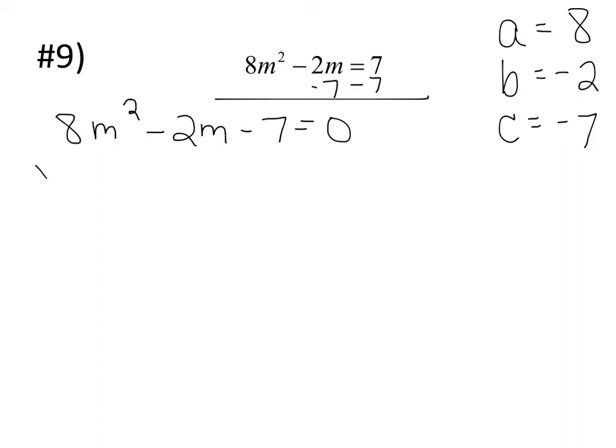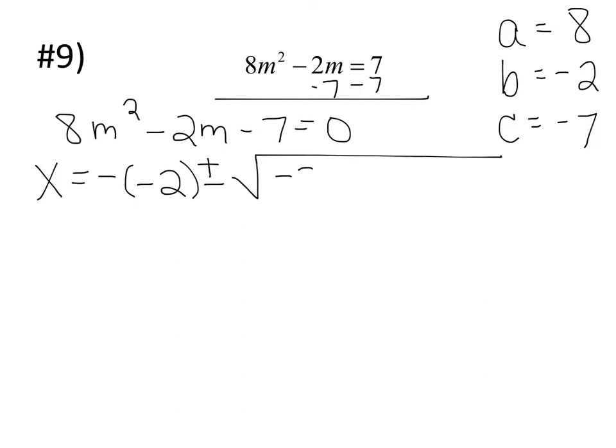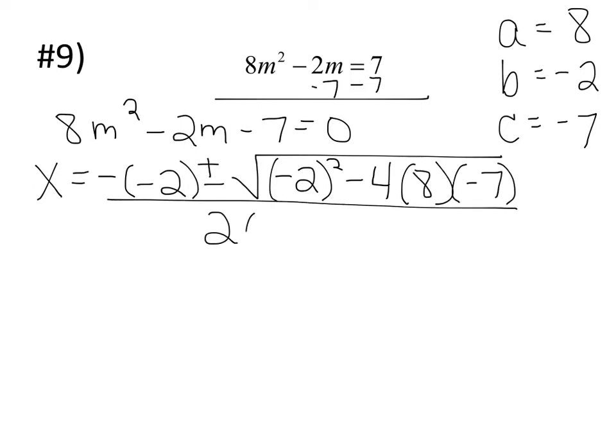Let's go ahead and plug in. X is equal to negative B, so negative 2 plus or minus the square root of B squared, so negative 2 squared, minus 4AC. A is 8, C is negative 7, all over 2A, and in this case, A is 8.